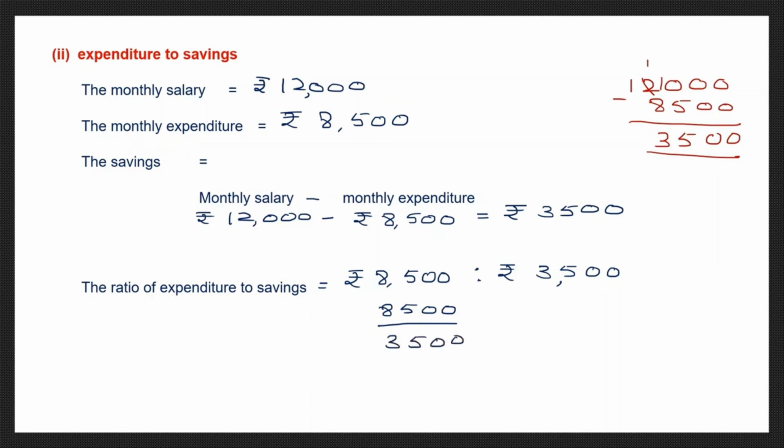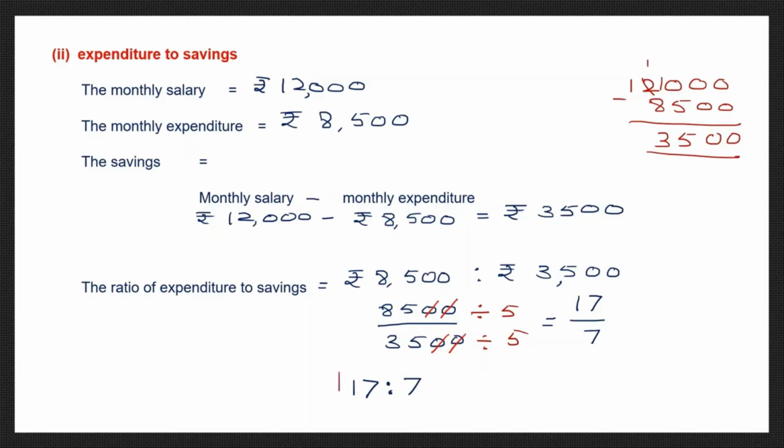Now let's cancel the zeros, 2 on top and 2 down, and now let's find the answer to this. We need to divide both by a common factor, and the common factor here is 5. So 5 into what is 85? 5 17s are 85 and 5 into 7 is 35. So we've got a fraction in the lowest term, 17 by 7. When I write it as a ratio, it becomes 17 is to 7.